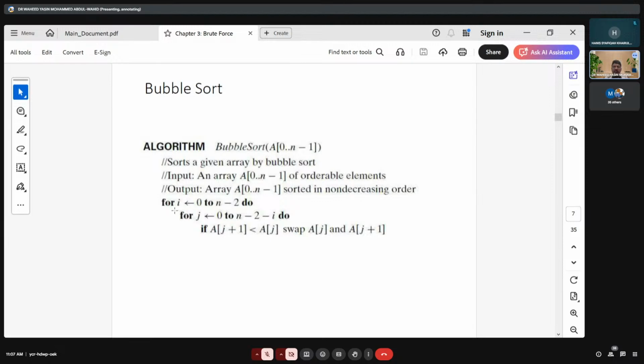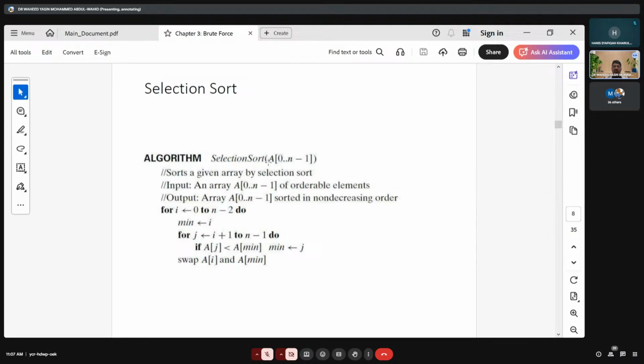For i equals 0 to n minus 2, for j equals 0 to n minus 2 minus i, do: if A[j+1] is less than A[j], swap A[j] and A[j+1]. If the coming value is less than the value we have, we swap.